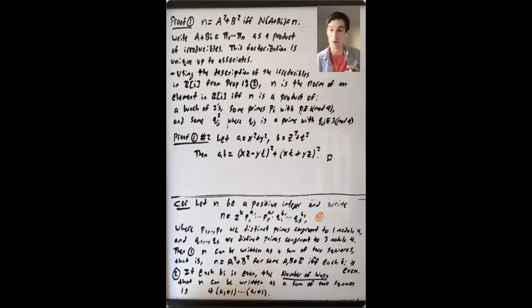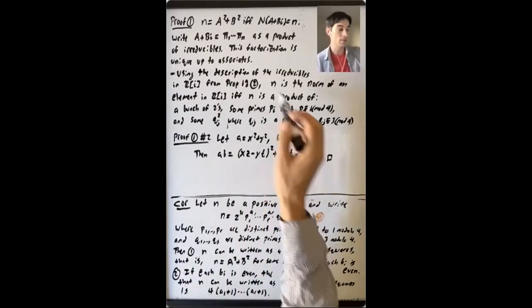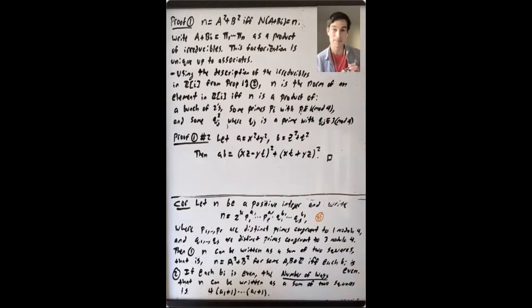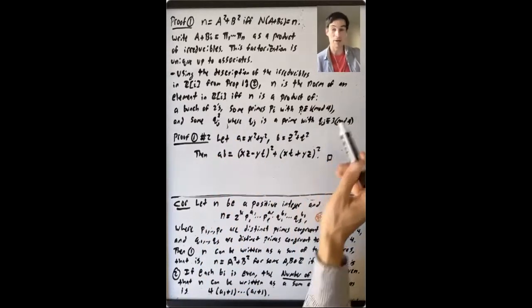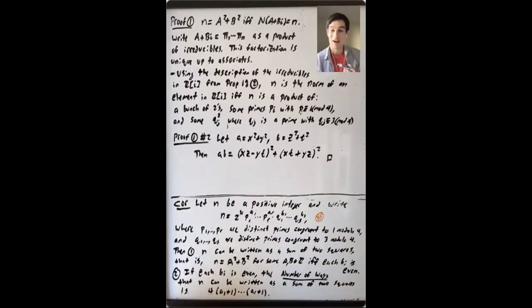congruent to 1 mod 4. For any prime that is 1 mod 4, we have an irreducible element of that norm, so we could throw that in the factorization. But then we don't have an irreducible element of norm q, where q is a prime that's congruent to 3 mod 4. There's no element of norm q if q is a prime congruent to 3 mod 4.